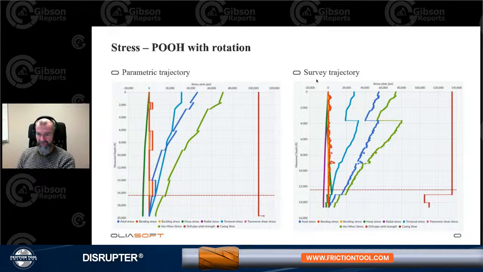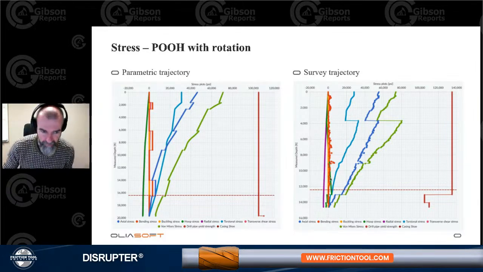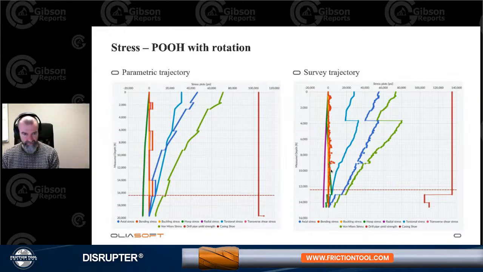Then we can do the same thing with the survey trajectory, and as we looked at with the red line on the left-hand side, the bending stress only has a value when there are doglegs. Obviously, the doglegs here are distributed all over, and they're fluctuating back and forth since it is a surveyed well. So here there is a contribution more or less everywhere throughout the well.